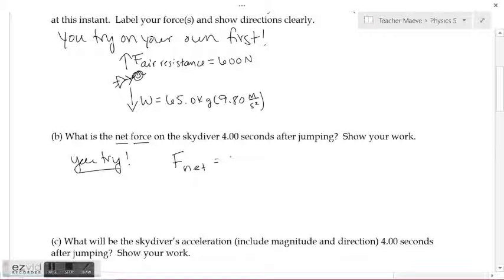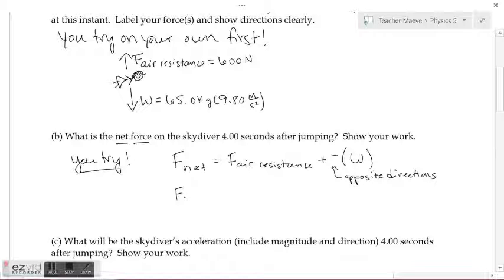The net is the sum of everything that's going on. The only thing we have to remember is that the air resistance is in one direction, and the weight is in the opposite direction, so I'm gonna make it negative. We'll call weight negative and we'll call air resistance positive. Fantastic.